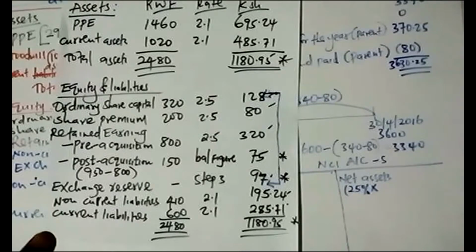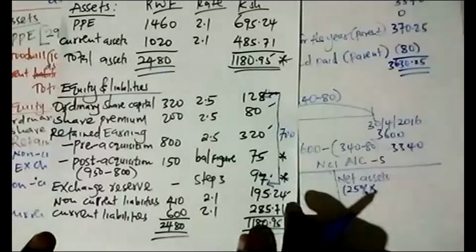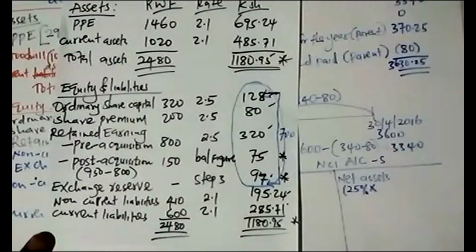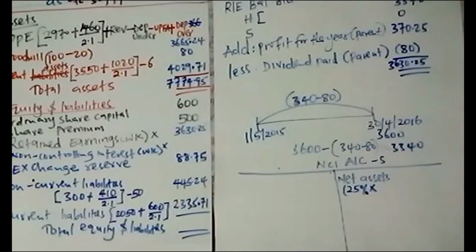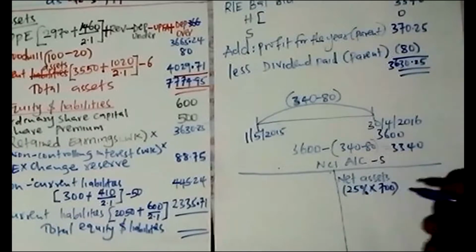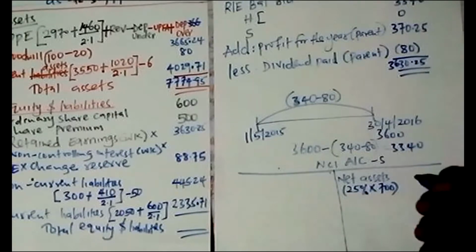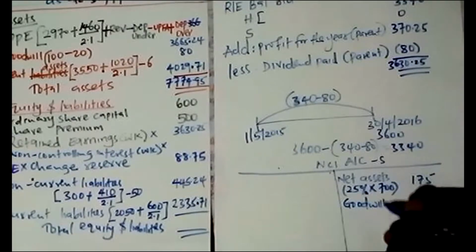If I use my calculator, I take 128 plus 80 plus 320 plus 75 plus 97. I'm getting 700, the total of these items. So 25% of that is 175.